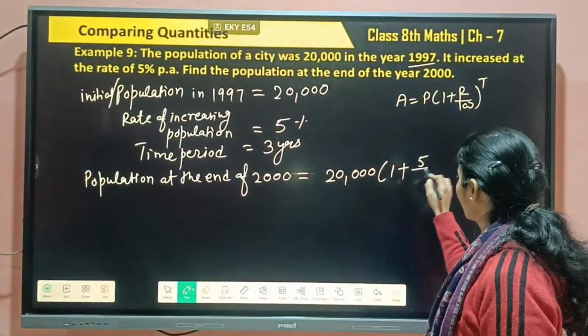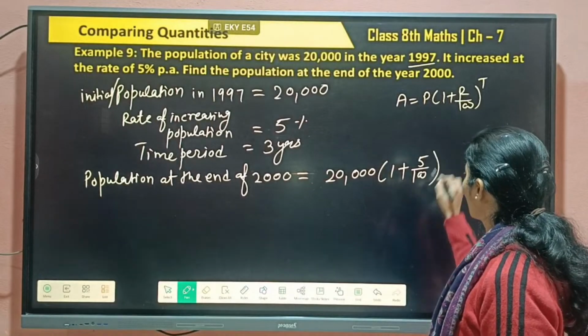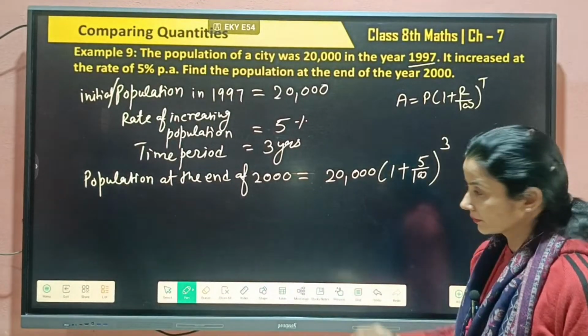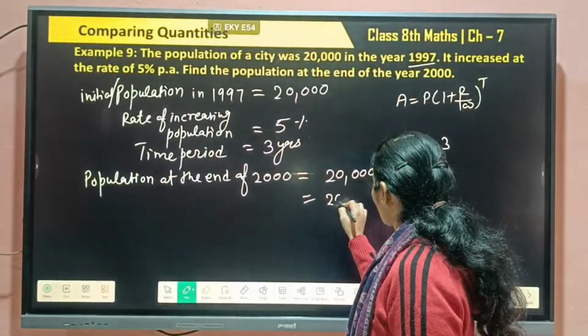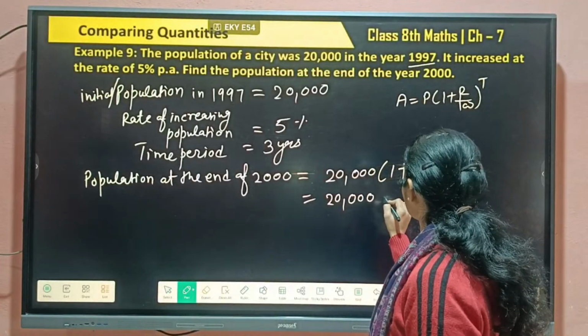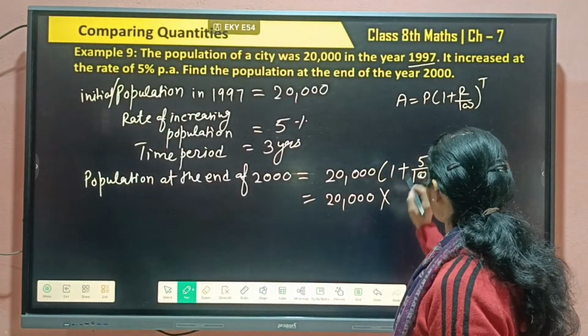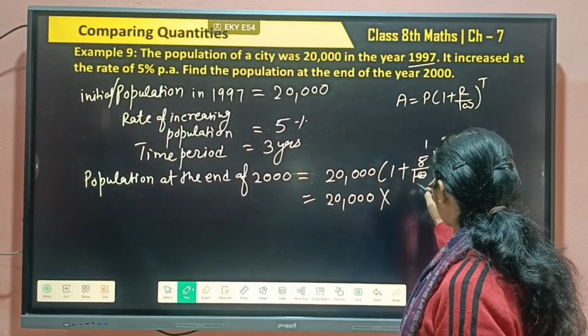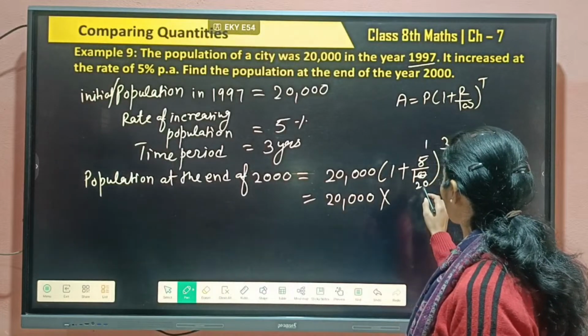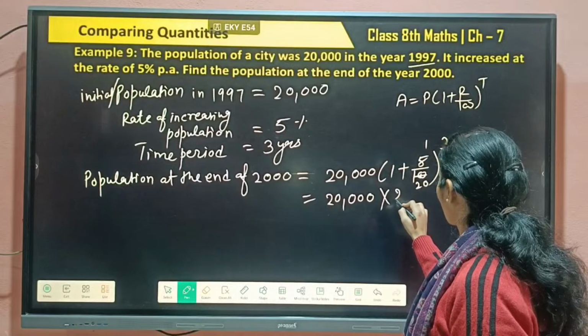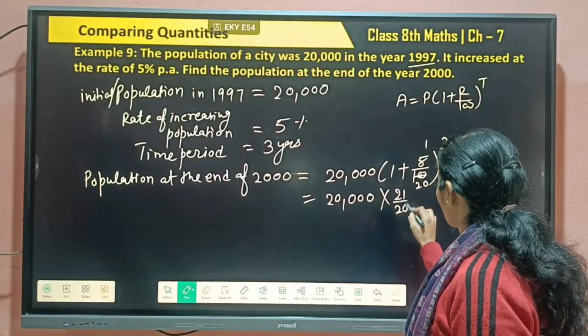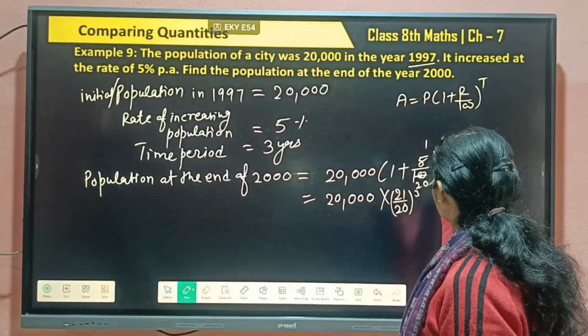It is 5 by 100 and its power is 3. It will be 20,000 into, you can cancel 5 into 5, 5 to the 10, this 0 as it is, 21 to 20 plus 1, 21 by 20 and its power 3.